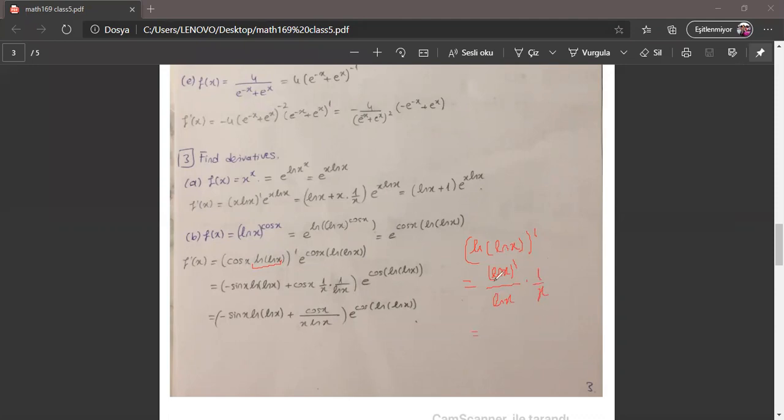So here we have 1 over x already. So we have 1 over x times ln of x. Okay, this should be x squared, so here we have x squared too, times the function itself. So here we have minus sine x ln of x plus cosine x over x ln of x, times this function.